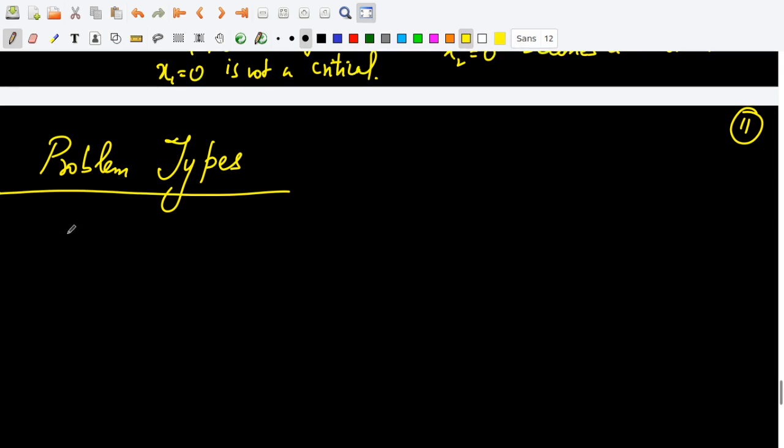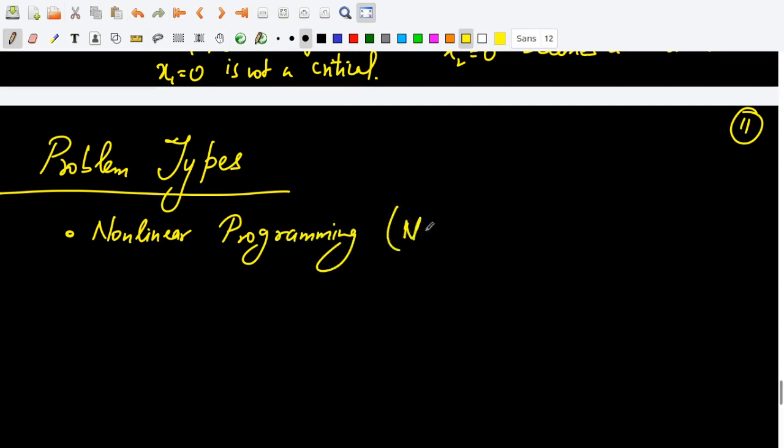Of course the most general case is nonlinear programming, or nonlinear optimization, in which the constraints could be nonlinear and the objective could also be nonlinear, and this is the most general case.